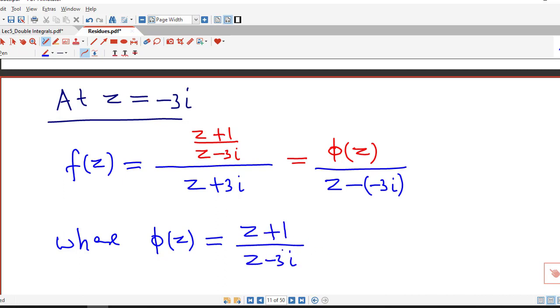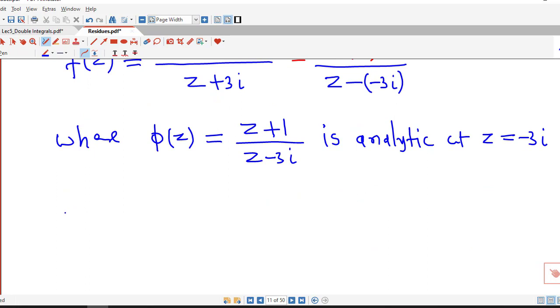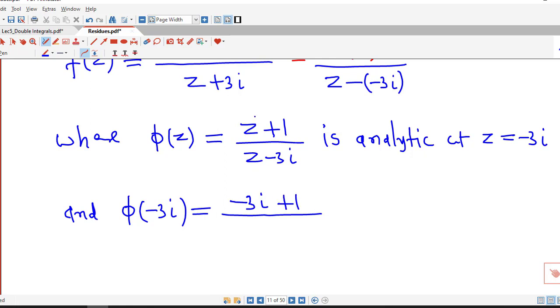This is a rational function. It is analytic everywhere except z equal to 3i. So it is clearly analytic at z equal to minus 3i, and the value of phi at z equal to minus 3i is equal to minus 3i plus 1, we put z equal to minus 3i here, and here we have minus 3i minus 3i.